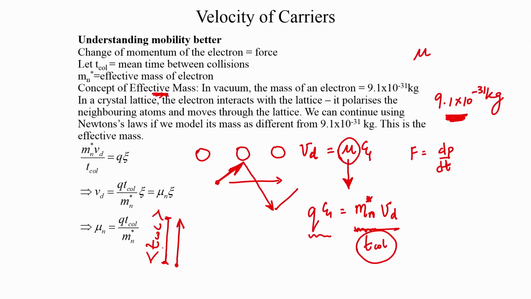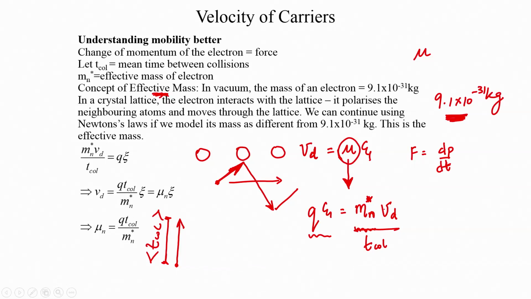It is expected that the electron undergoes a scattering event after every T collision seconds, and therefore this equation defines the movement of the electron as per our simple model. That is the kind of model that we would like to develop.